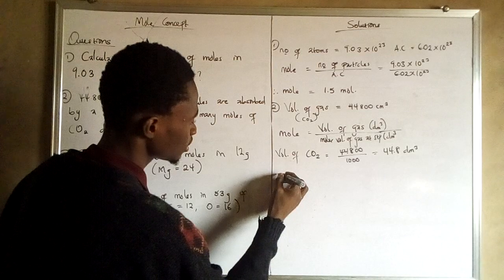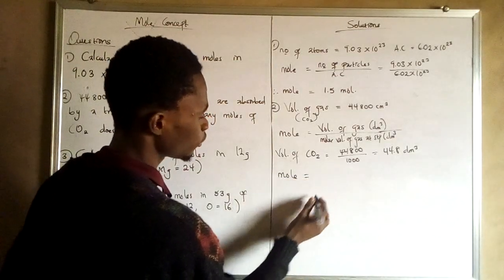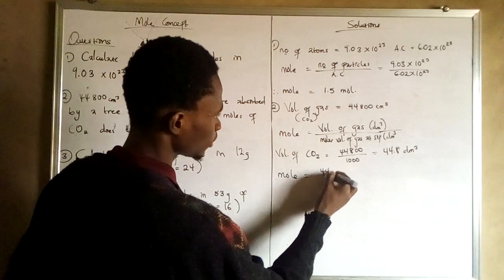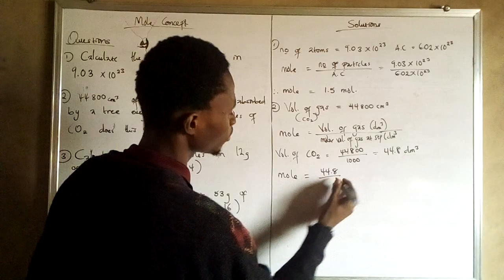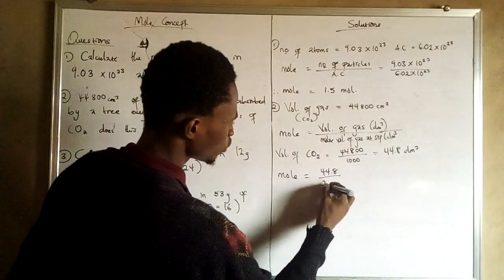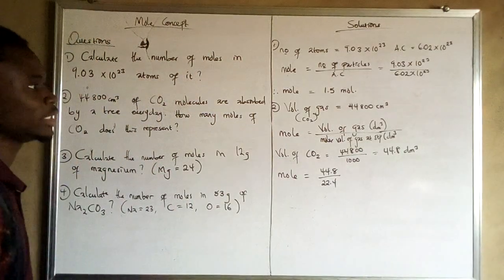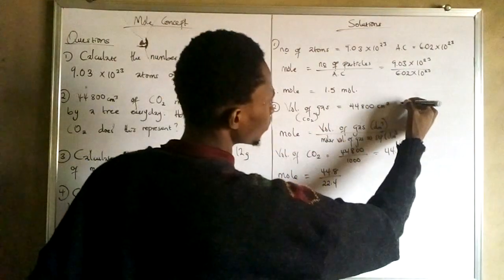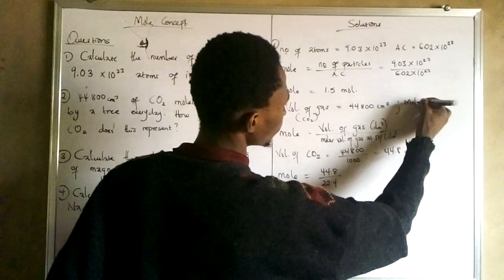So we come back to this. Therefore, mole is equal to volume of gas. The volume of gas now, that is the volume of carbon dioxide, is 44.8 dm cube over 22.4 dm cube, the molar volume at STP.